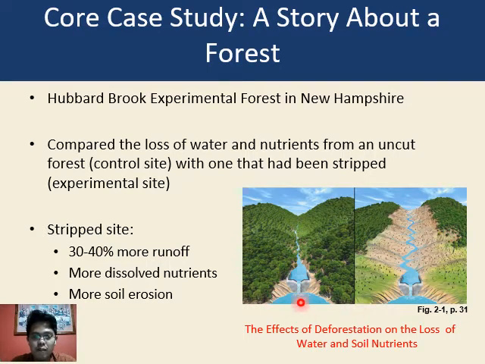When you compare the nutrient contents from both sides at the bottom for the control and the experimental site, it shows that more nutrients are being eroded here compared to the controlled one. And another observation, more soil erosion happened. So that's what happens when you cut a tree in a forest area.